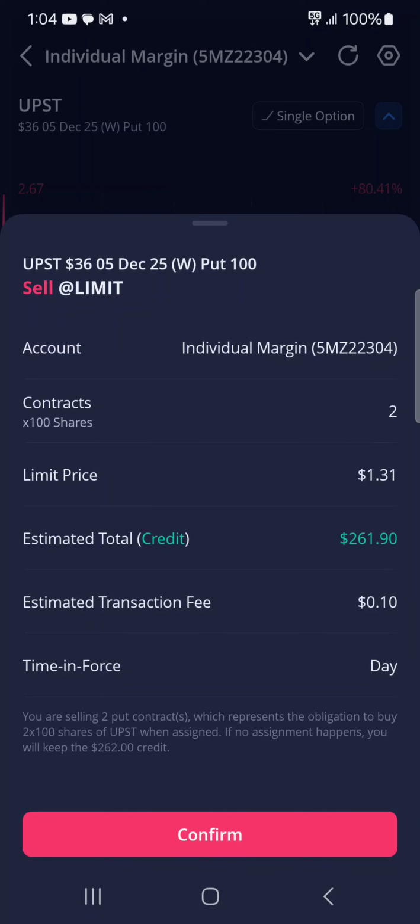You can do covered calls and make money that way. But if the stock does not go down to 36, again, you keep the money.